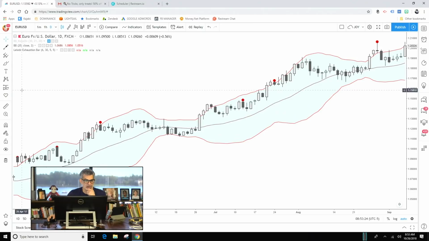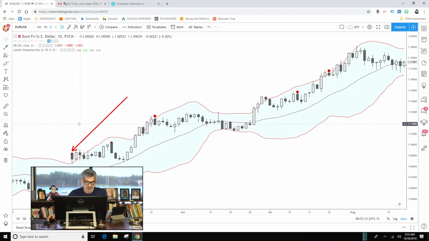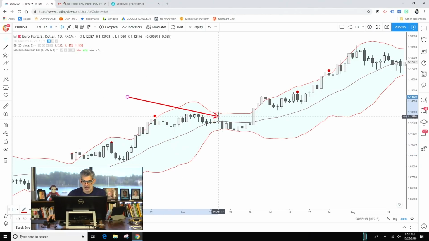What I'm looking for, and what I've decided that I'm looking for, are situations and times when the full bar or candle, or most of it anyway, is all the way outside of the Bollinger Bands. And what I'm also looking for, or hoping to see, are situations where there is a really long wick on the candle, or shadow on the candle.